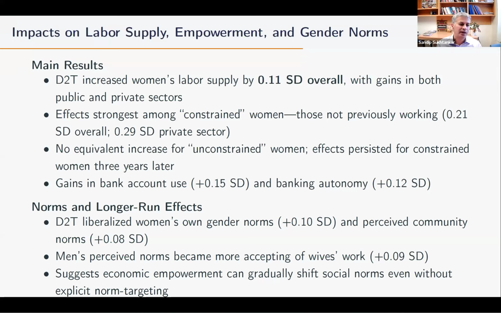This was a program getting transfers to women in their own accounts, directly deposited, with control over their own accounts. And that had this spillover effect on their labor supply and empowerment.